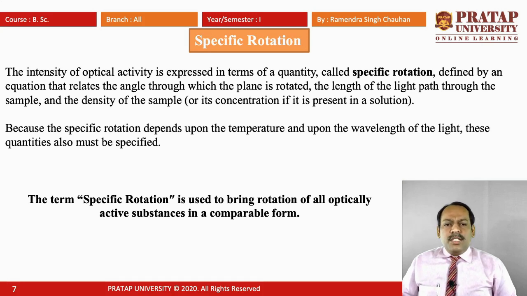And what is specific rotation? Specific rotation depends on the length and the concentration or density. When we are taking a solid, we talk of density, and when we have solutions or liquids, we talk of concentration. The angle of rotation through which the plane is rotated depends on these two factors, density and length of the optically active substance.